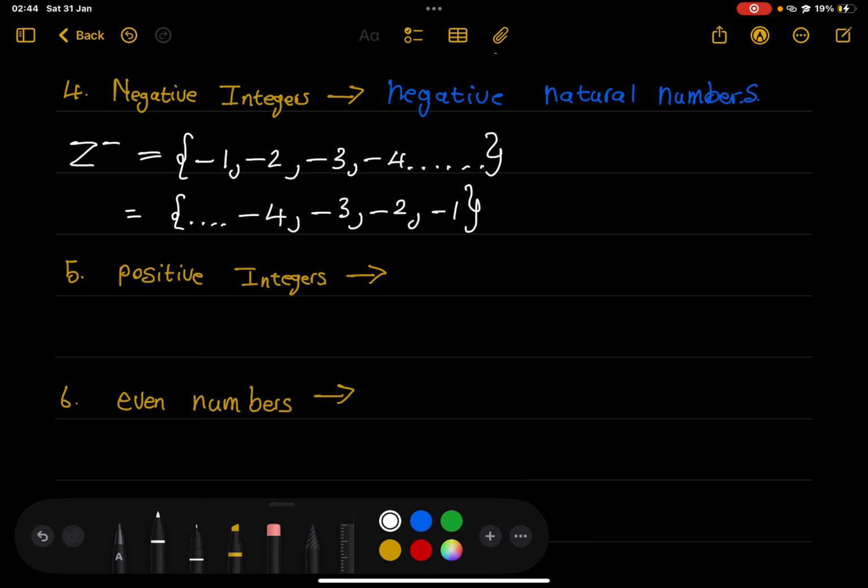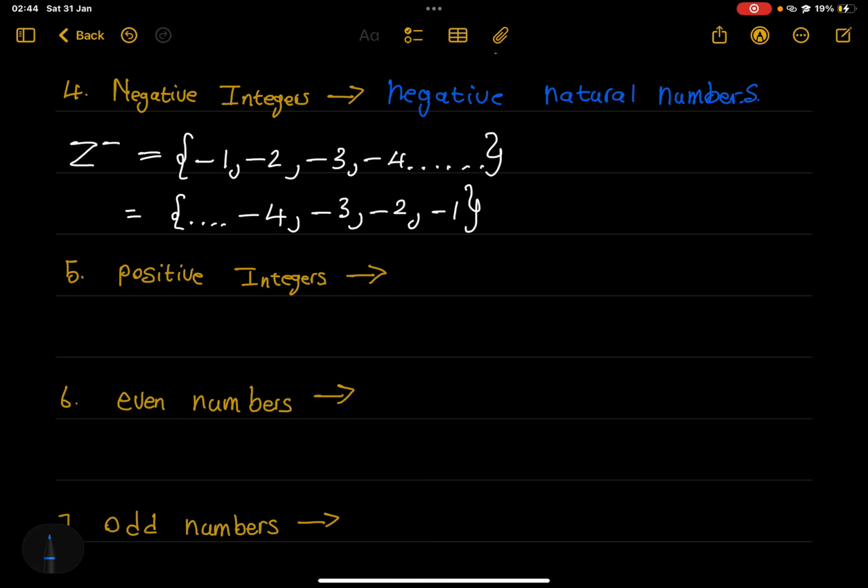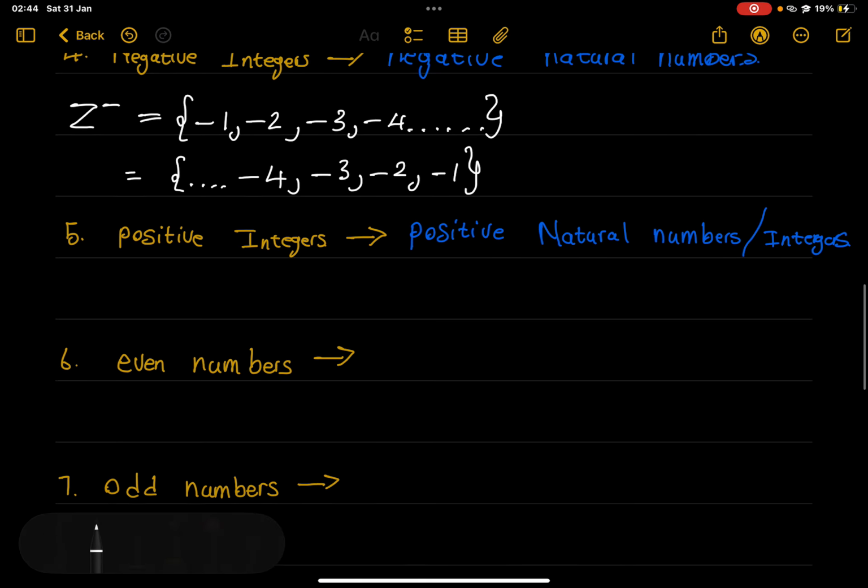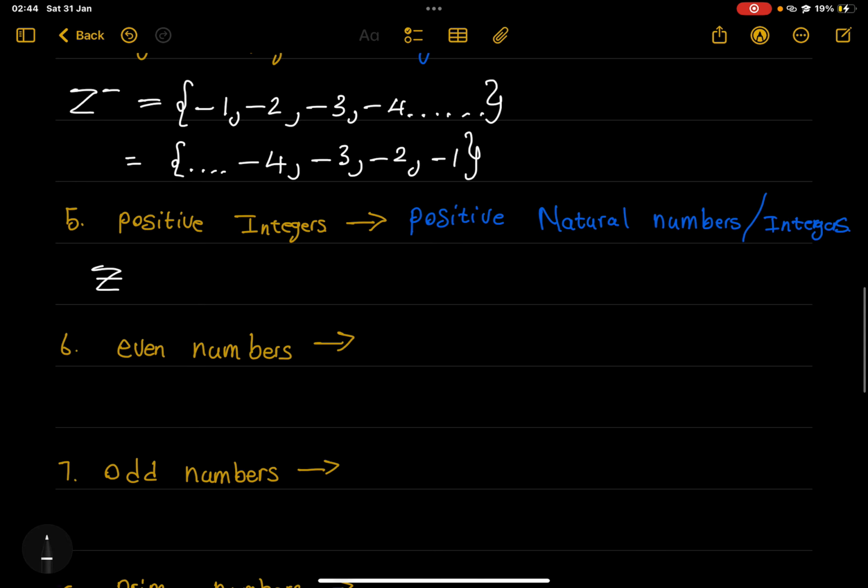So let's talk about positive integers. Positive integers are positive natural numbers. The symbol for positive integers is Z with a positive exponent. We say equal sign, our curly brackets.